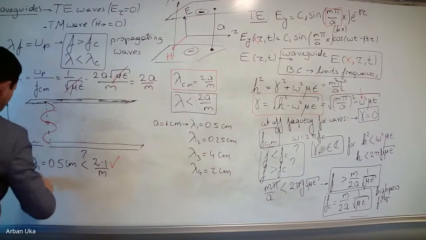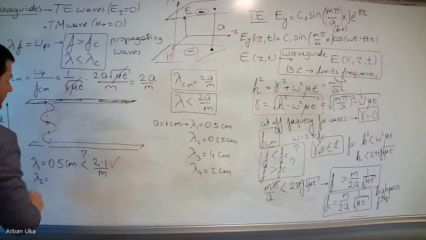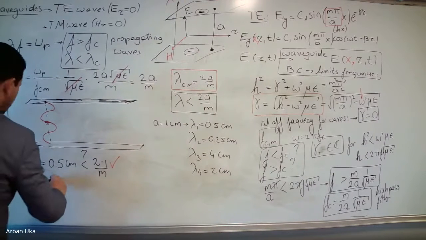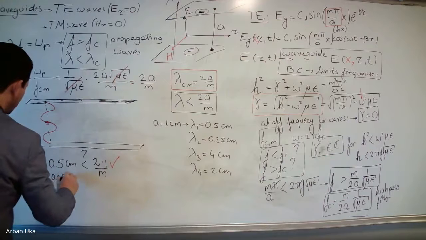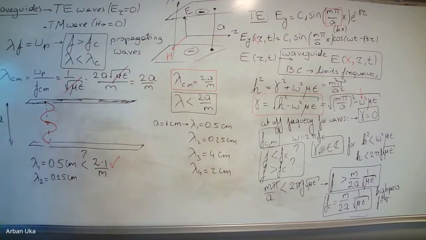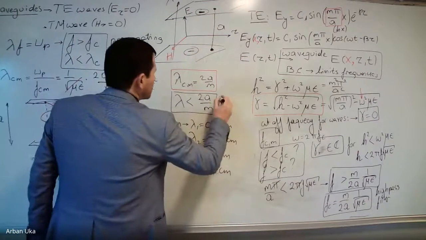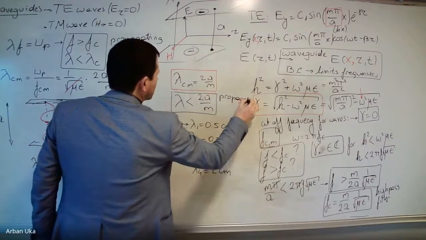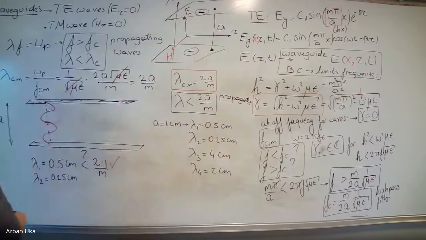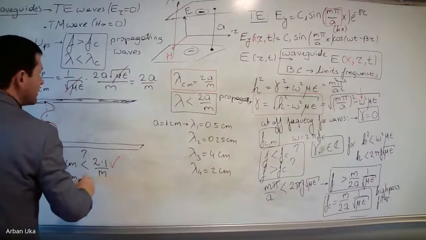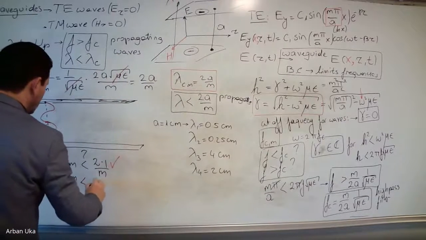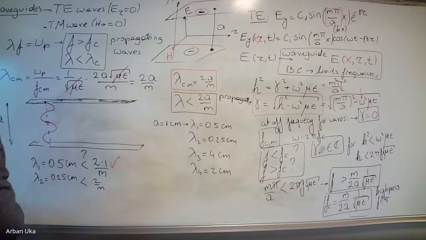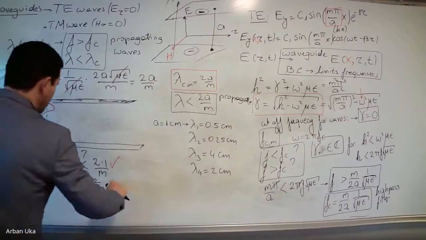Now let's see the other one, which is lambda 2 equal to 0.25 centimeters, and let's not forget, this is for the propagating waves. So this 0.25, is it smaller than 2 over m, where m can be 1? We say yes.